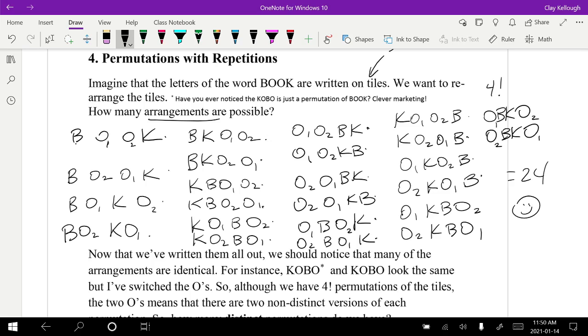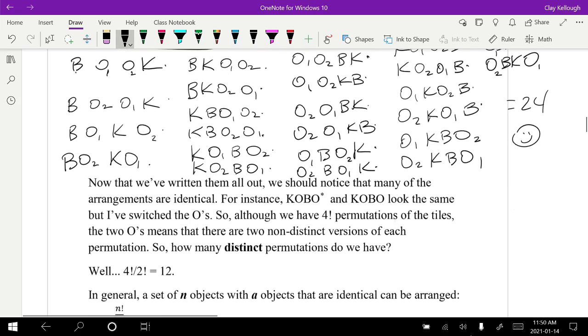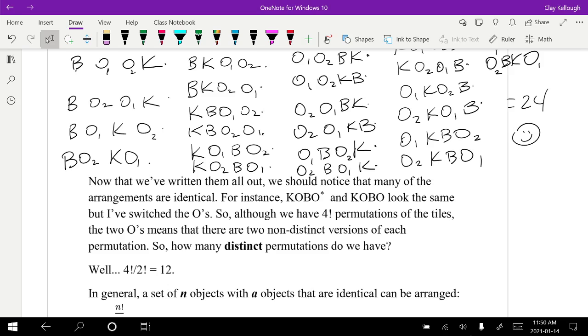Phew. Now that we've written them all out, and wasn't that exciting, notice that many of the arrangements are identical, right? It doesn't matter in Scrabble, or in just speaking in everyday English, if I move the 2 O's of book, it still says book when I switch the O's.